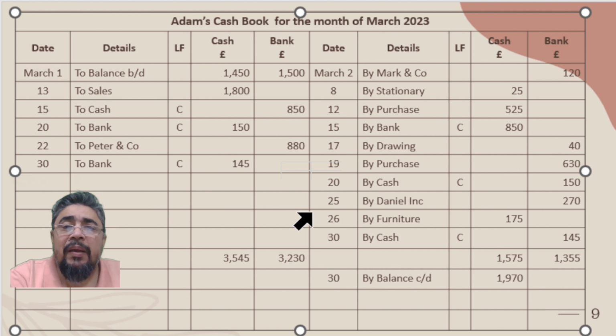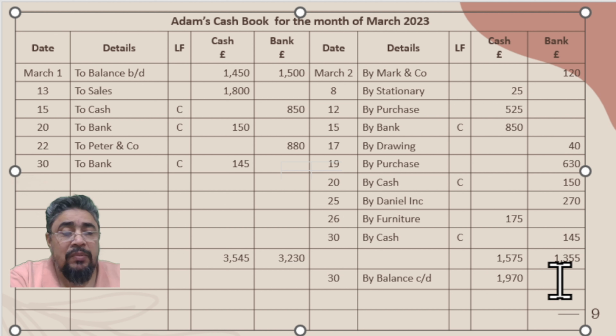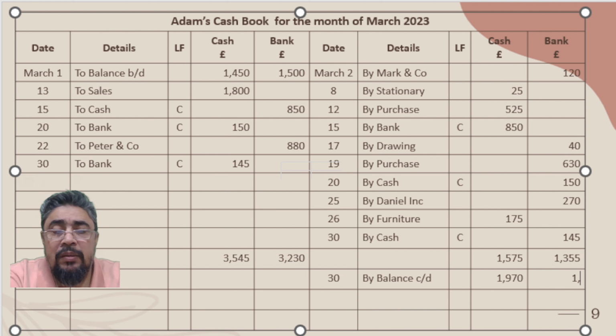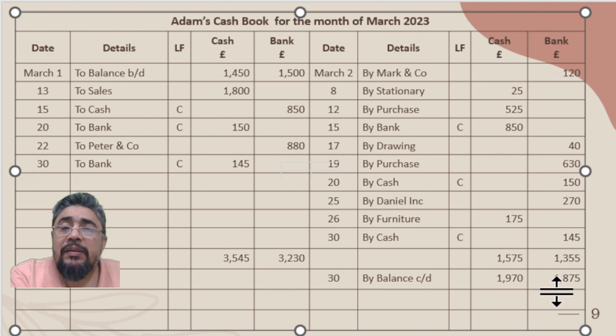And for the bank, the debit total is greater than the bank credit total. So the difference comes on the credit side, that is 1875.